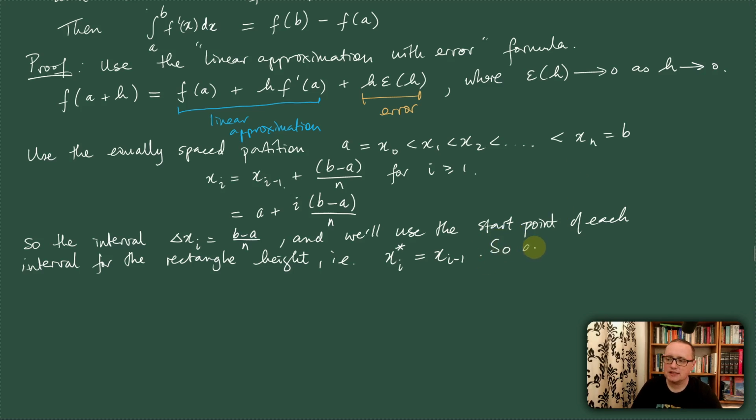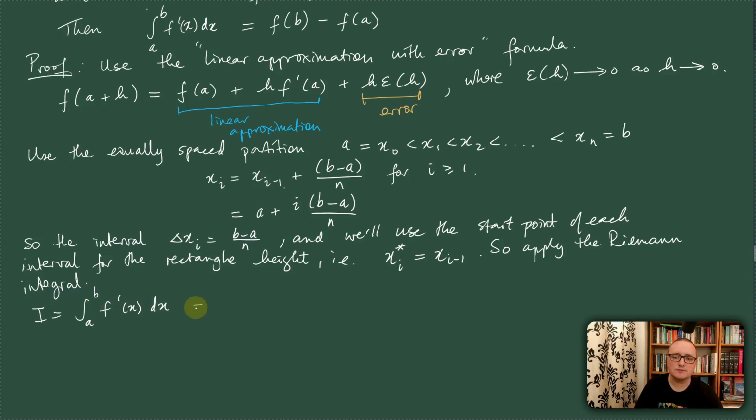So, applying the Riemann integral, we will get that I, the value of the integral, which is the integral from a to b. So we're integrating f prime x. We're integrating the derivative. Okay. So the definition of the Riemann integral is that we take the limit as n goes to infinity of the sum of the areas of all the rectangles.